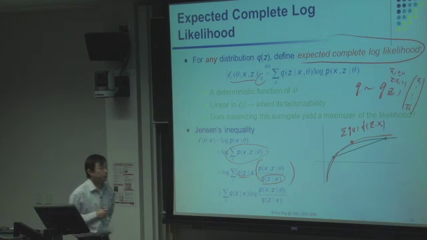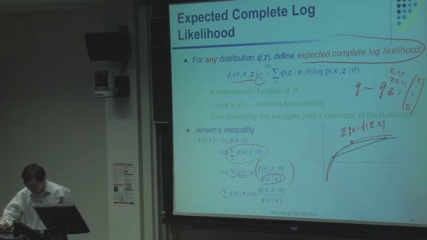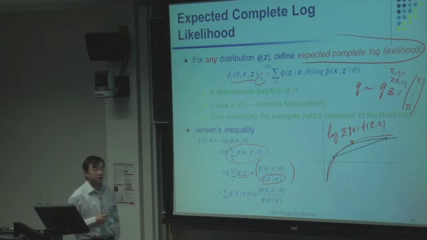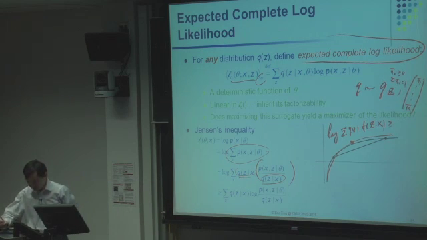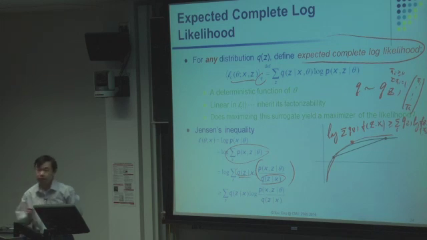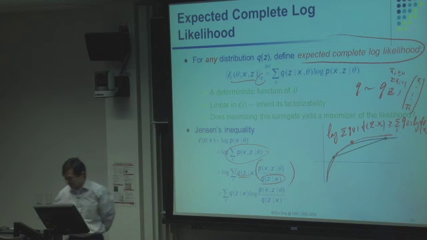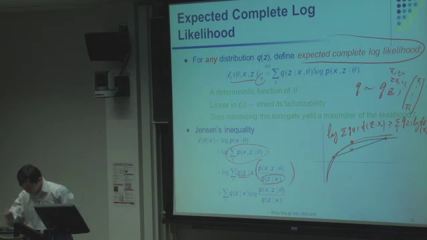So this is inside the log. And Jensen's inequality says that that function is upper bounding a term where you take out the z and put the log of f inside. So that basically corresponds to this point.